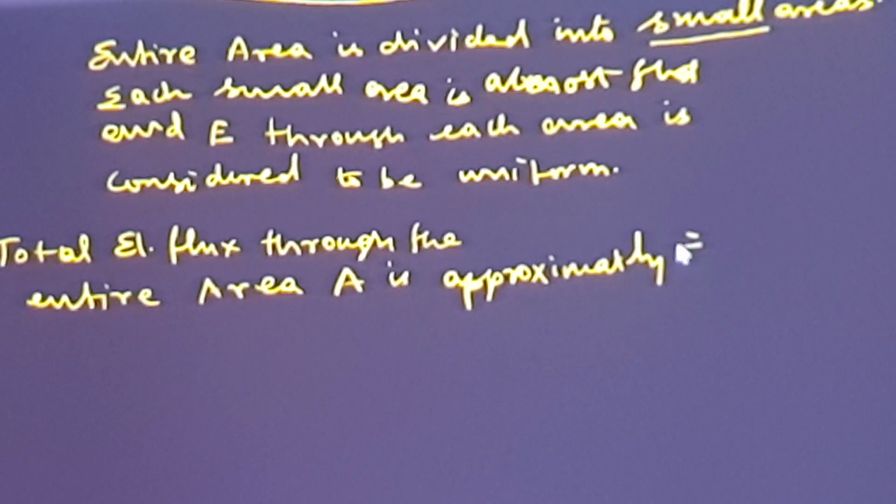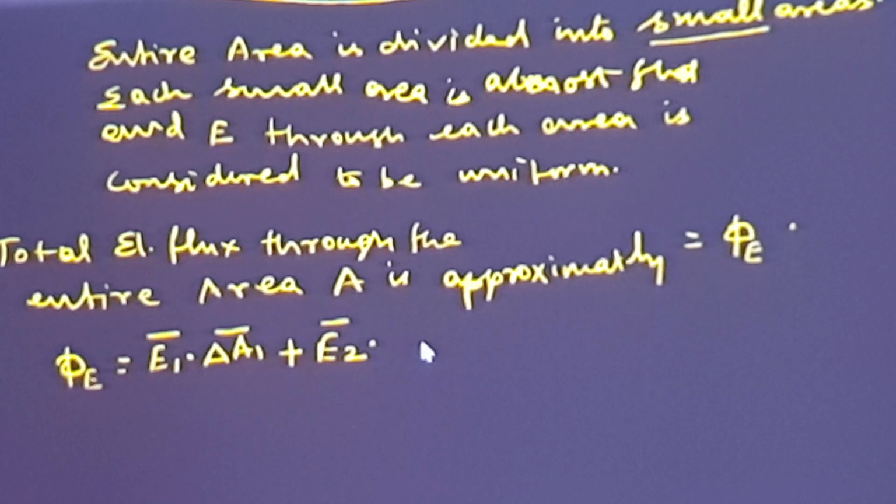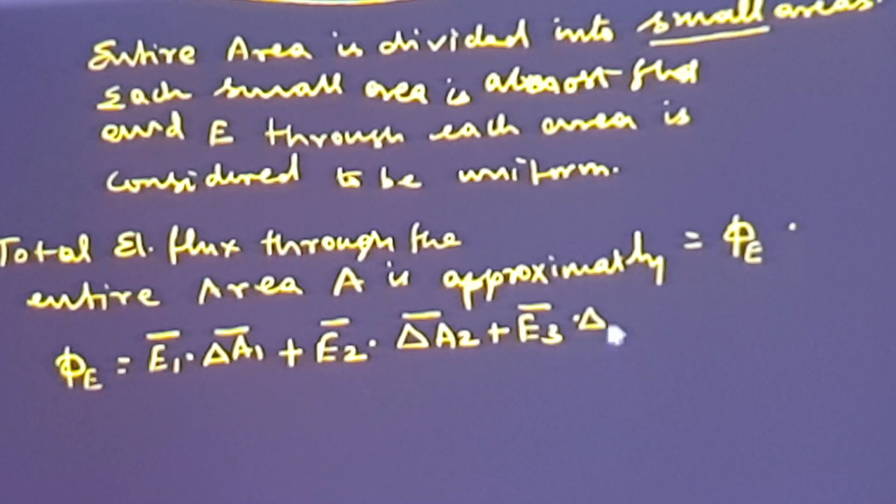What is this total electrical flux phi of E? It is the vector sum of the flux E1 vector dot delta A1 vector, that is the flux for the first area, plus E2 vector dot delta A2 vector, plus E3 vector dot delta A3 vector, plus etc., up to the nth area.